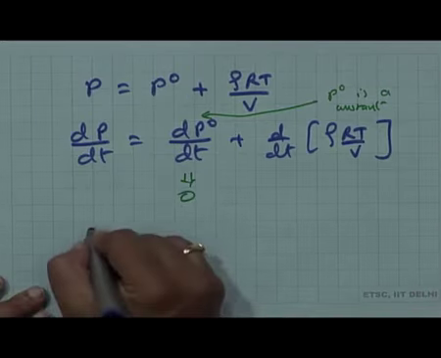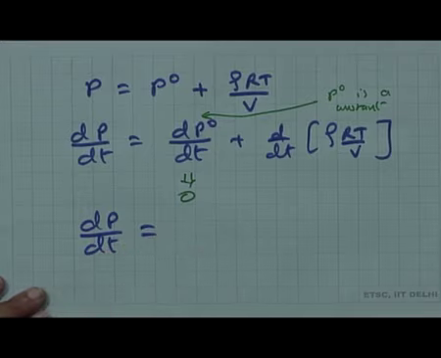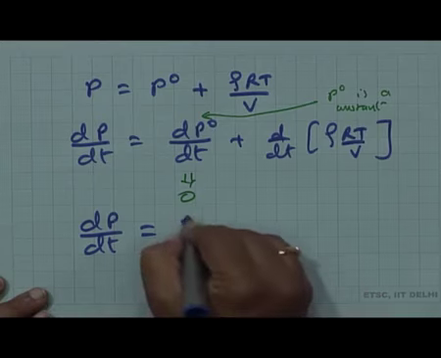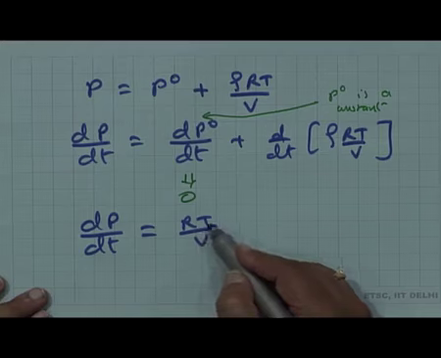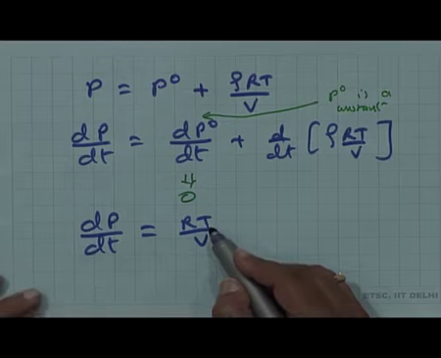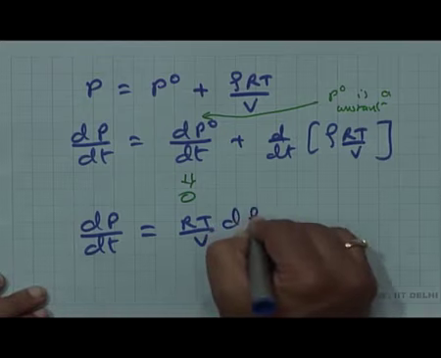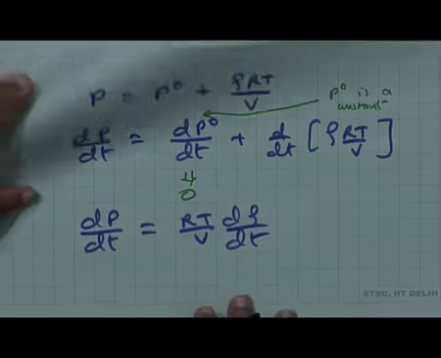Thus, the equation gets simplified to dP over dT, that is the rate of change of pressure with time, is equal to RT over V, where R is a constant, T has been kept constant, and V is also constant. These were the initial conditions of the reaction. This is multiplied by d xi over dT.